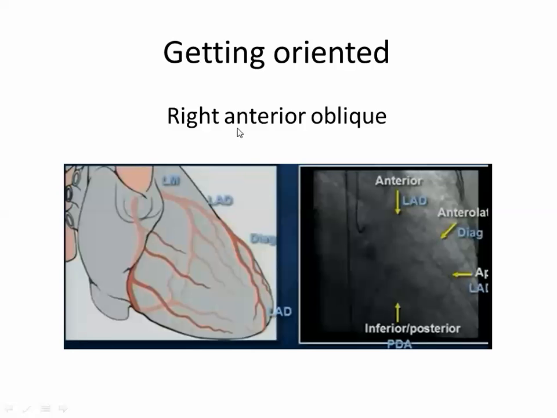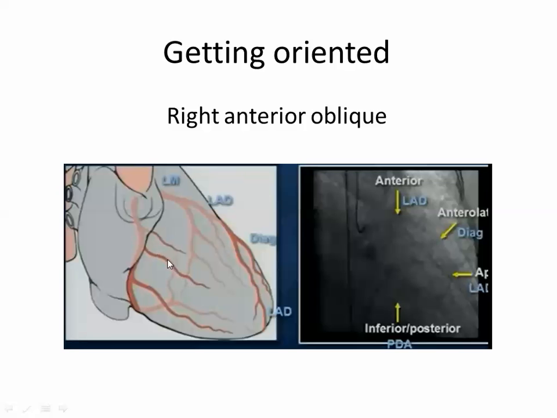If there is a graft coming in the RAO to the anterior wall, it will be the LIMA or venous graft to the LAD. And this is the atrioventricular sulcus, so it is the LCX. If there is a graft here, it will be to the OM.